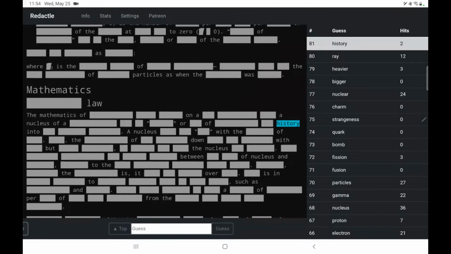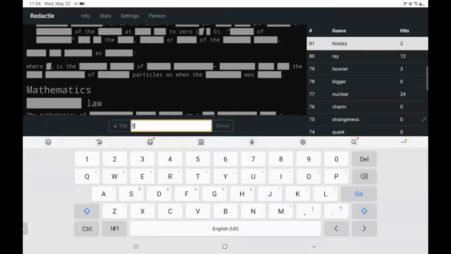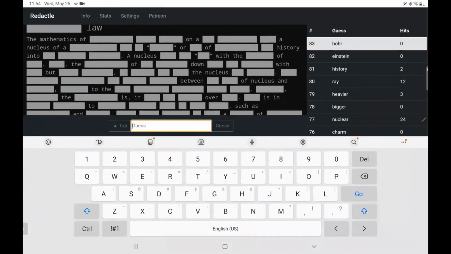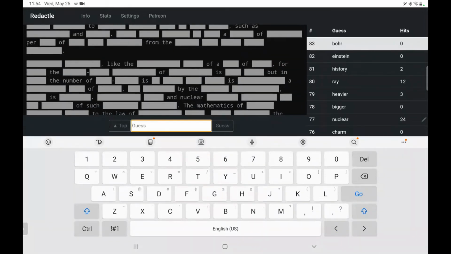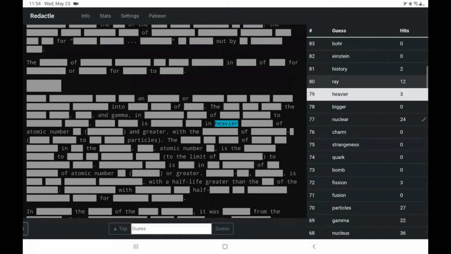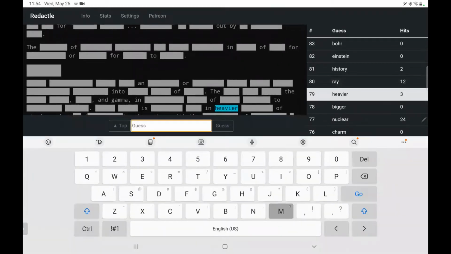And there is some mathematics in this physics. Let's try Einstein. No, how about Bohr? No. Okay, that's some, oh, molecules.